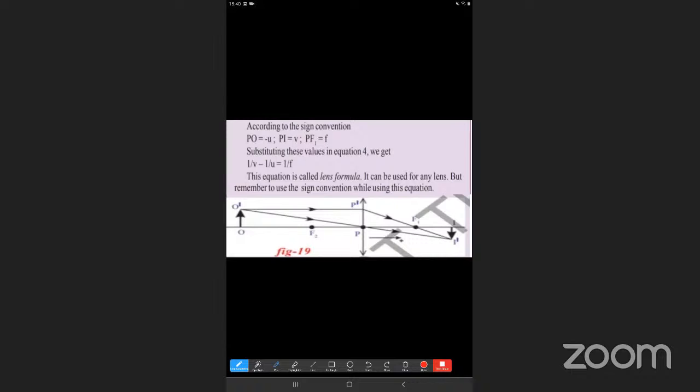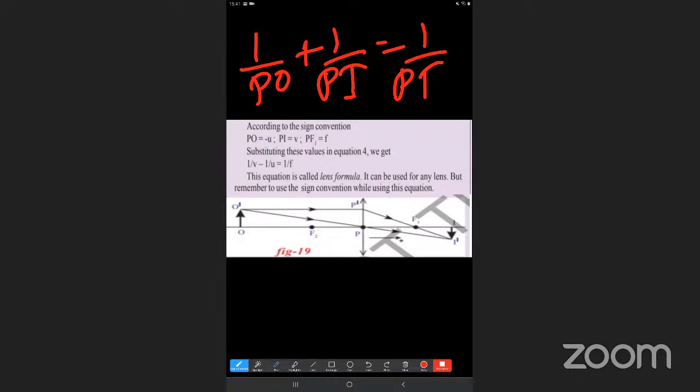What is equation 4? We got 1 by PO plus 1 by PI equals 1 by PF1. Substituting the values, 1 by minus u plus 1 by v equals 1 by f.